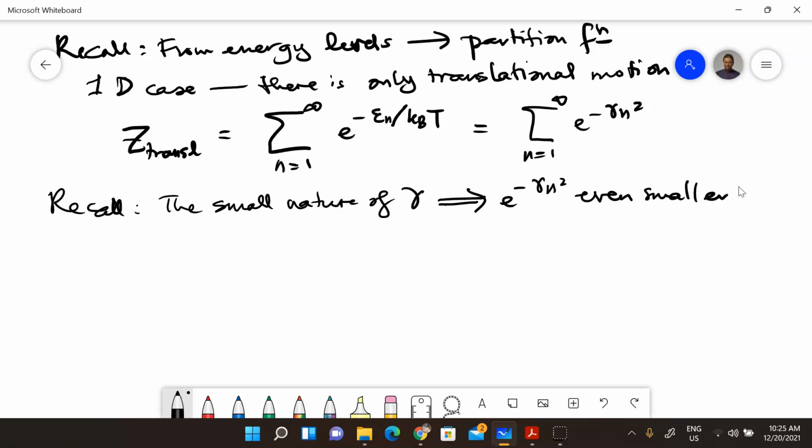So what one can do is replace this sum by an integral. This is an approximation here: sum replaced by integral.